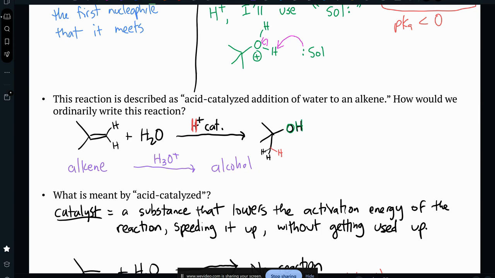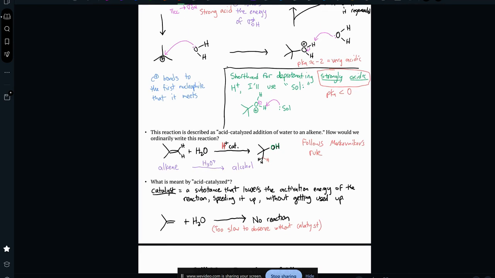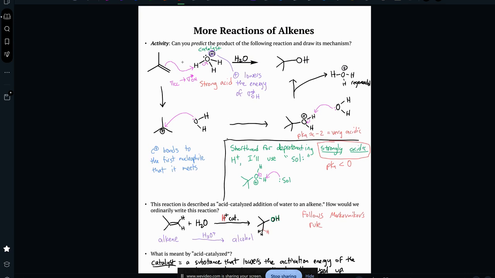So yes, this follows Markovnikov's rule. All right, so there's your second reaction, acid catalyzed addition of water to an alkene.